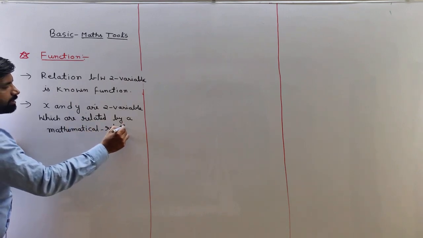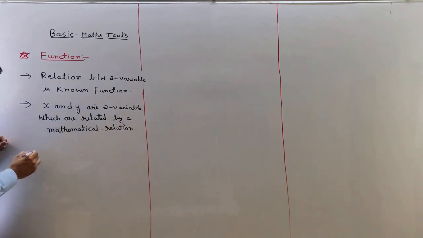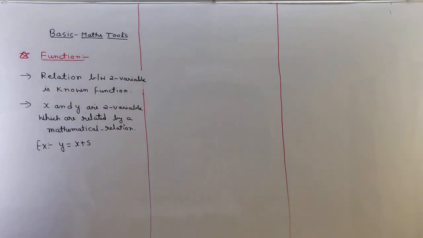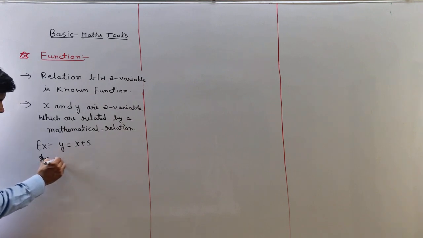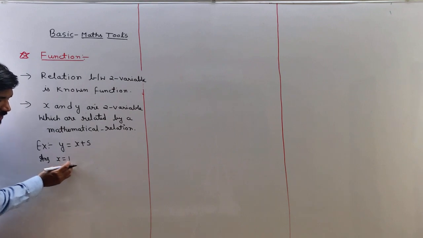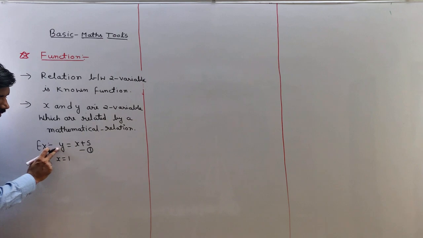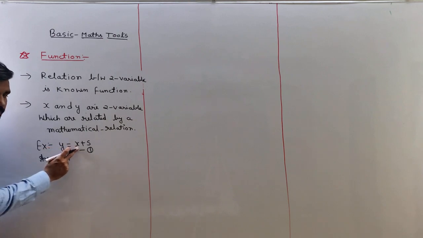For an example, let's suppose y is equal to x plus 5. So if we put x is equal to 1 in equation 1, y is equal to x plus 5.